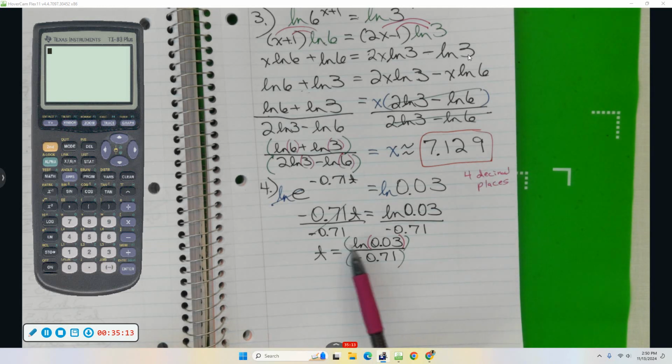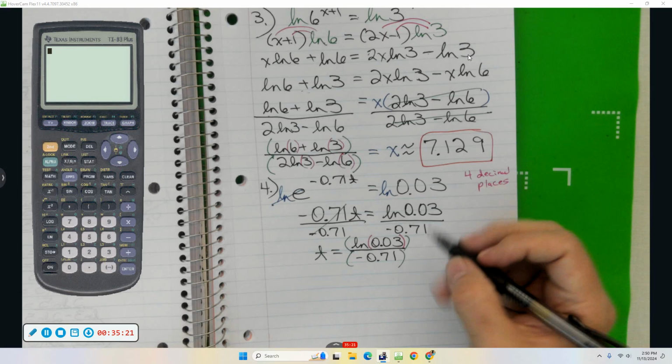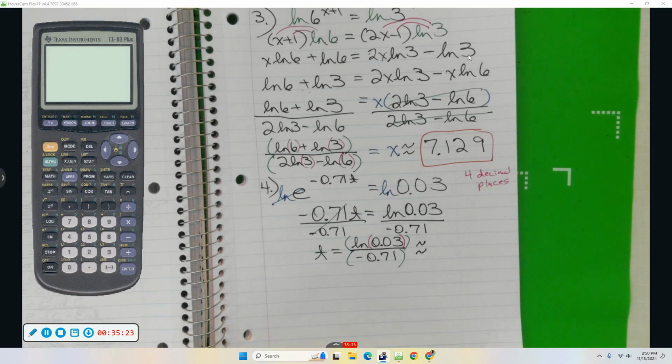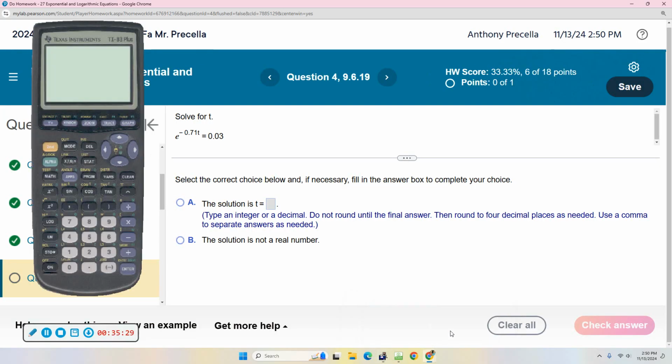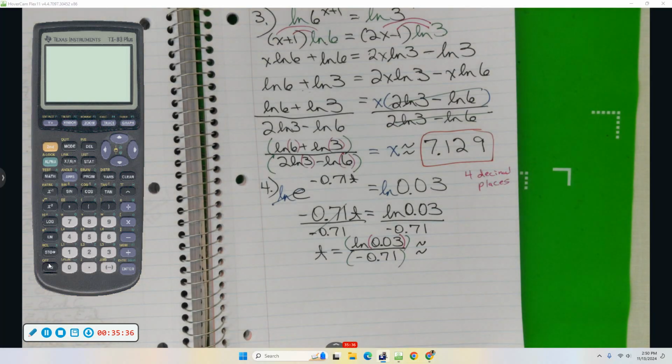So I'll have two pairs of parentheses on top, one on bottom. That's going to give me, and I put the little wavy equal sign, that says this number is an approximation. I'm not going to write out all the digits. There, just leave it right there.